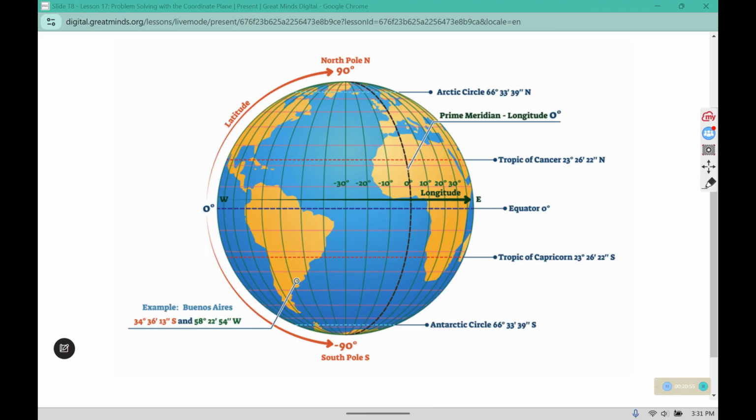If you look at the North Pole, up here at the top, what do you notice about the degrees of latitude of the North Pole and of South Pole? Those are opposites. You have one with 90 degrees and one with negative 90.